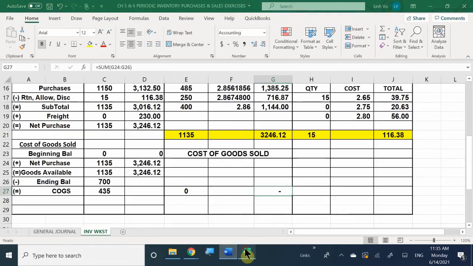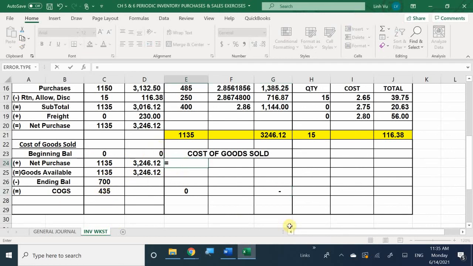So let's go ahead and follow that concept. So I need to sell a total of 435 mugs. Which batch am I going to take out from first? 400 for 1144. Good. We're going to take our 400 at 1144, which in this case, I'm taking out the whole batch because I know I'm going to be getting rid of 435.